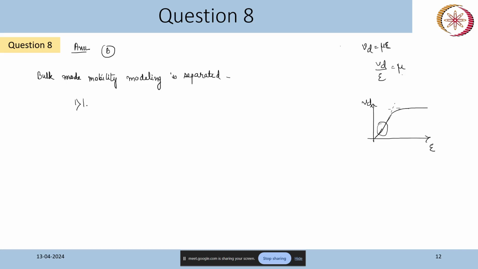The first one is the low field mobility, in the bulk and inversion layers when the electric field is low. Next is the high field mobility. And third is the region between these two, where a smooth interpolation is done between the low field and high field regions.